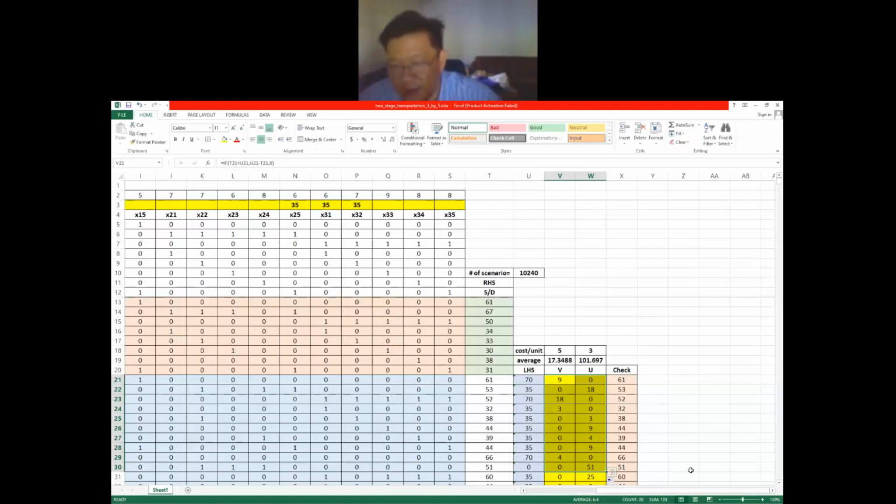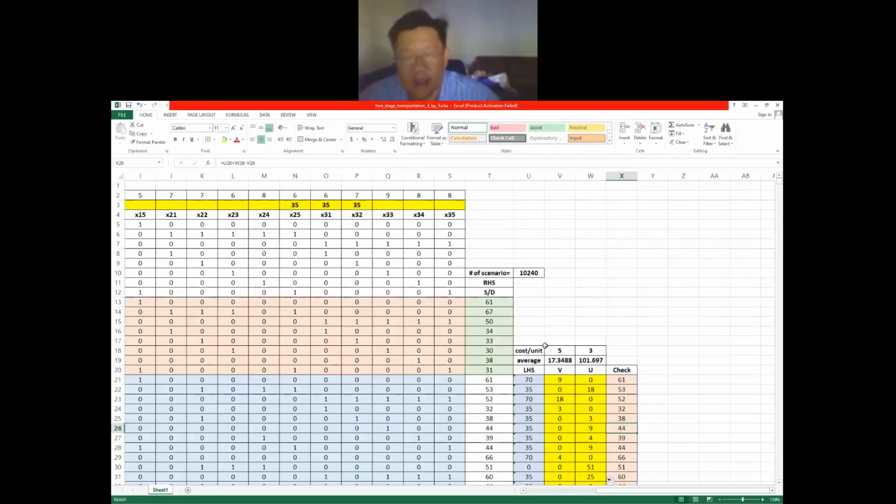So the very obvious assignment is that you can either use OpenSolver to solve this problem again, or the second alternative is that, just like what you did in the first test, we wait. It's not coming out yet.